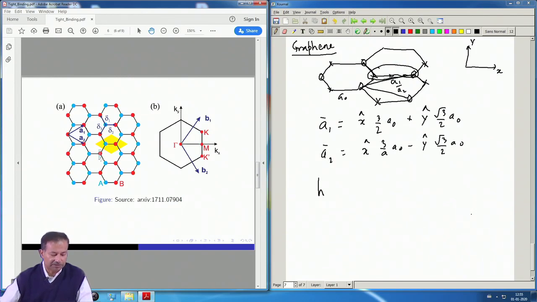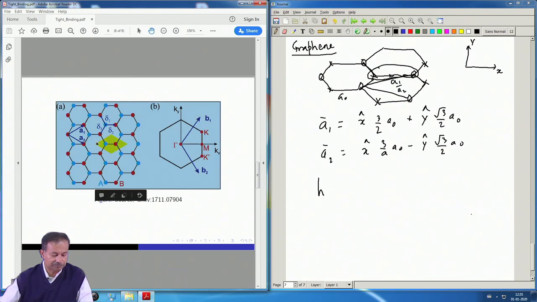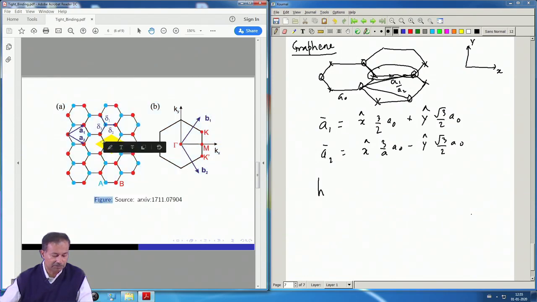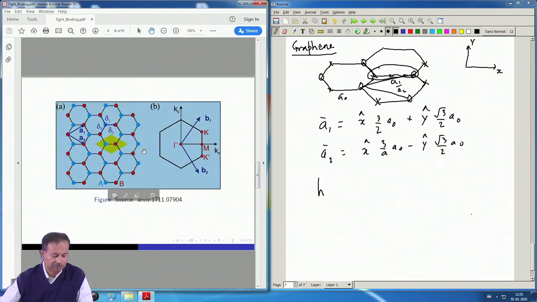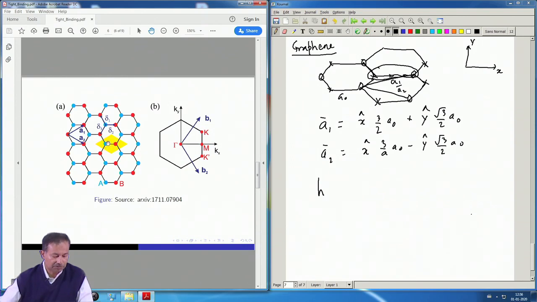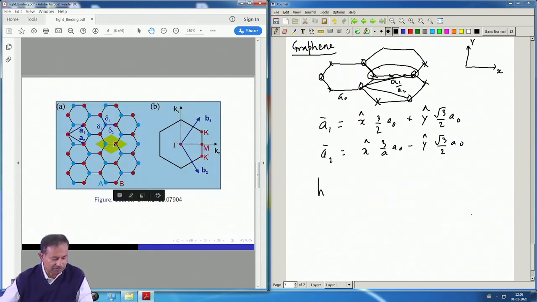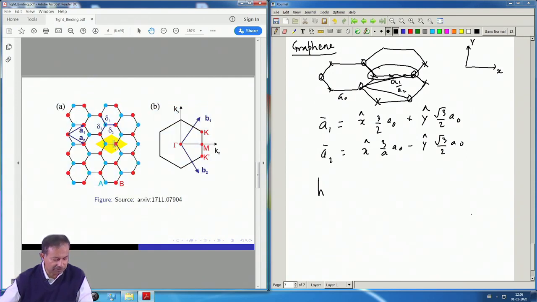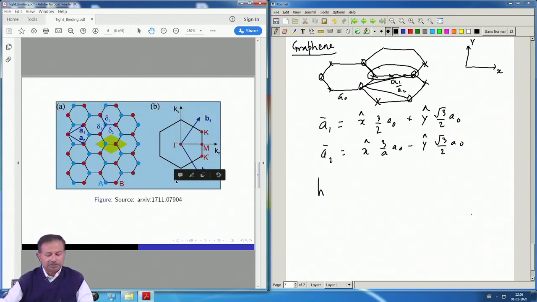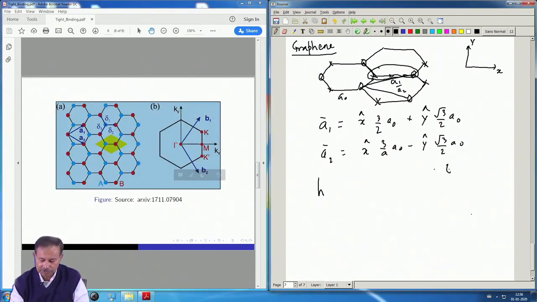These belong to different unit cells, but their distances are the same as the distance of the red one in the same unit cell. So the hoppings t1 and t2 must be the same. So t1 must be equal to t2.